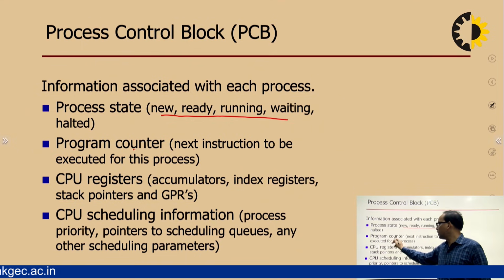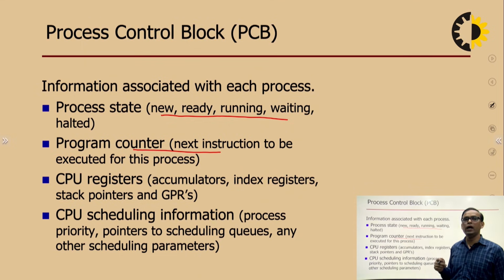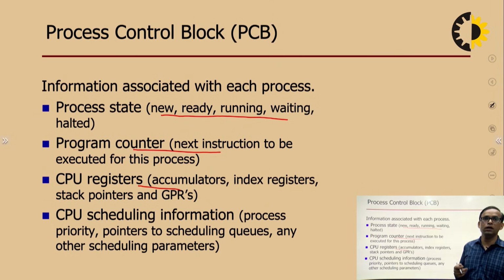Next one is the program counter. In context to a particular process, the program counter stores the address of the next instruction to be fetched. This information will be available in the PCB of that process. If at a particular time there are 4 processes, then every process has its own process control block. Next one is the CPU registers. It means what type of registers are in use by a particular process.